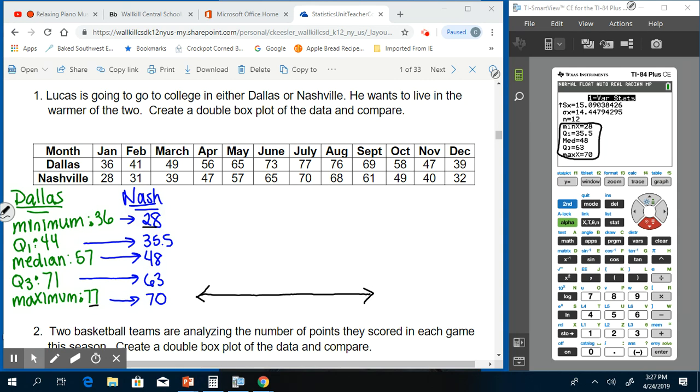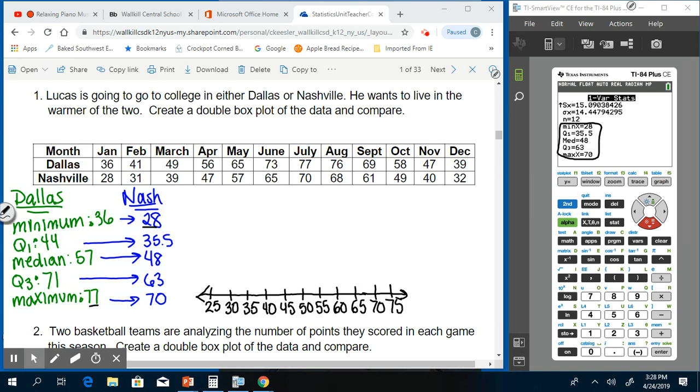Maybe I go by 5 starting at 25. So 25, 30, 35, 40, 45, 50, 55, 60, 65, 70, 75. And that's pretty much all that we really need there. I only have to go to 77, so I can go a little bit past that 75.